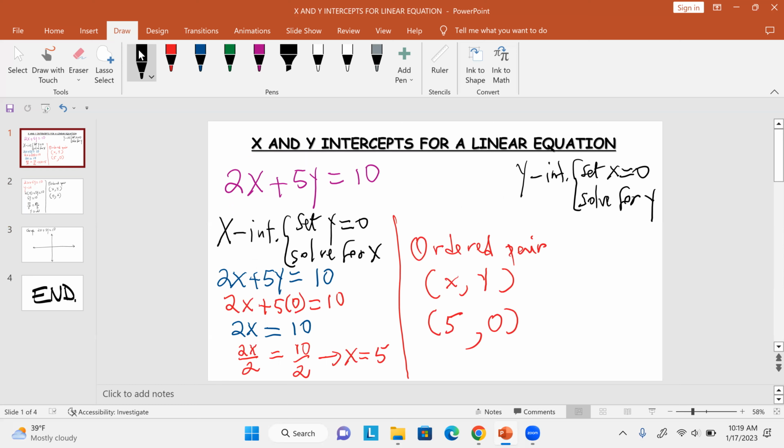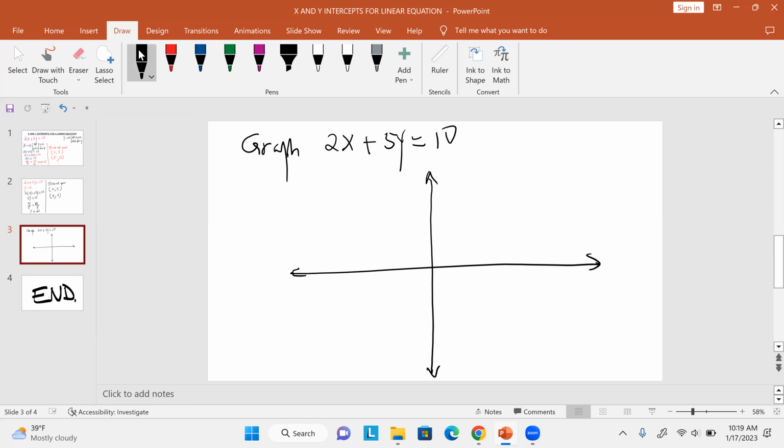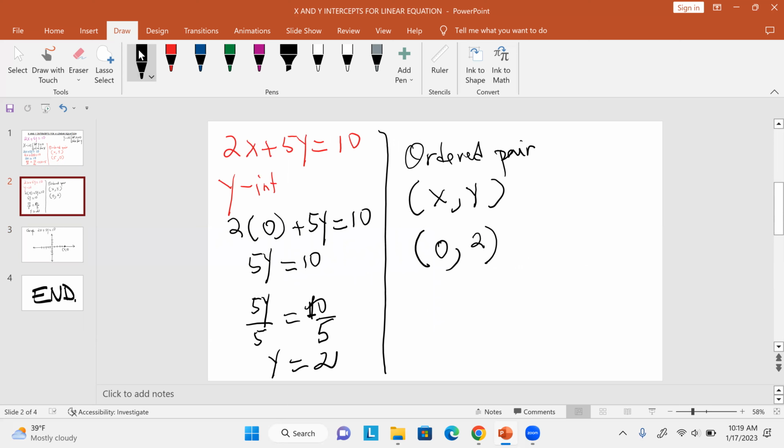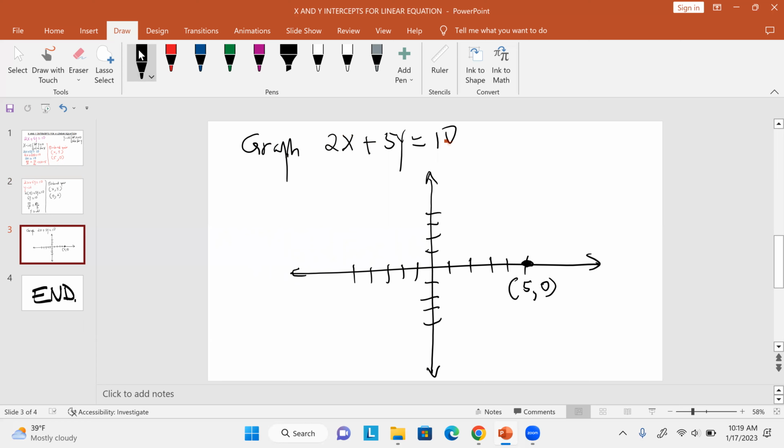So you're going to place 5: 1, 2, 3, 4, 5. That's the point (5, 0). And the second point is (0, 2). So x is 0, the y is 2. It is here, (0, 2).